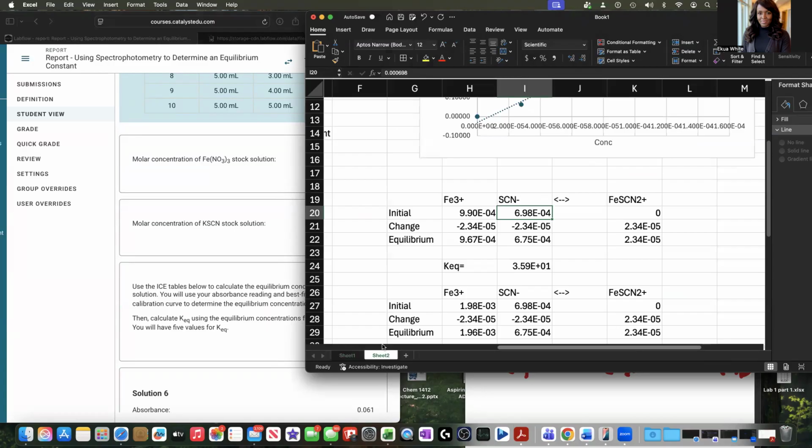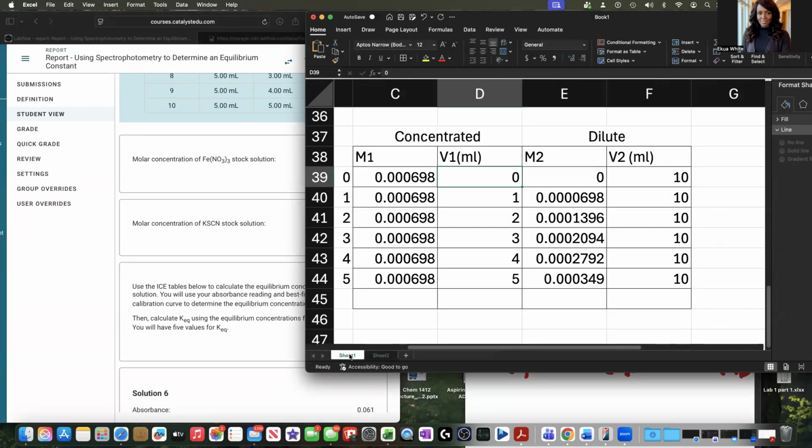So moving on, the first one will be 6.9. Okay, let me copy this over. 6.98 times 10, 1, 2, 3, 4, 5 times 10 power negative 5. 1.396 times 10 power negative 4. 2.094 times 10 power negative 4. 2.792 times 10 power negative 4. 3.49 times 10 power negative 4.